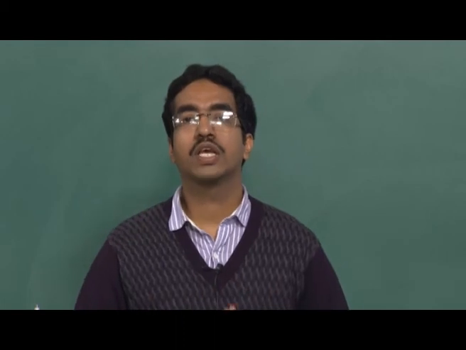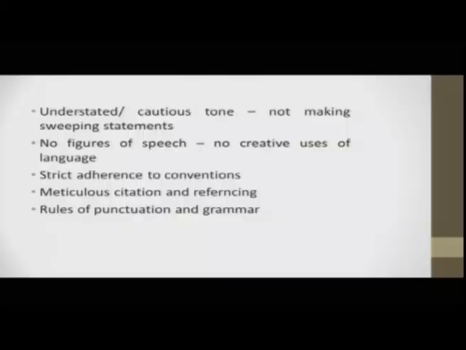To sum up, academic writing builds on evidence. There is no scope for personal opinions there. It has a clear structure, and language is very formal, and there is no scope for creative use of language in an academic context. Looking at some more features, coming to the language, things are understated, you adopt a very cautious tone here. We will look at it in detail in the lectures in due course.